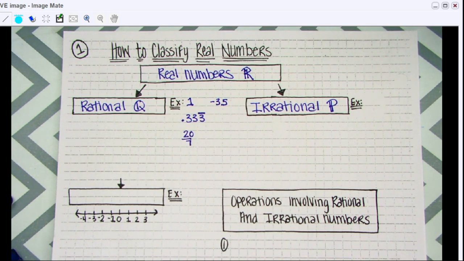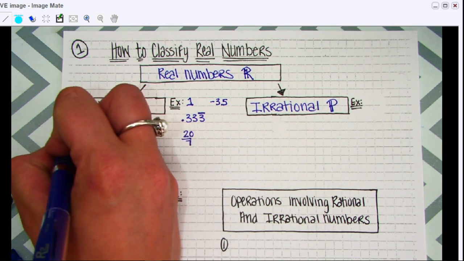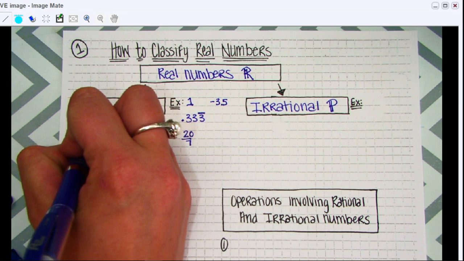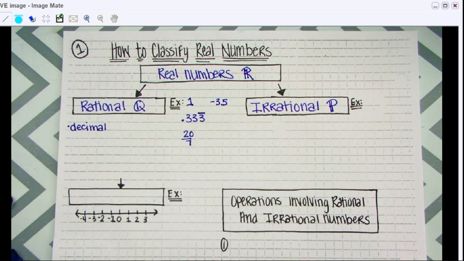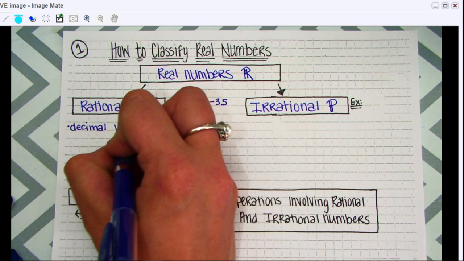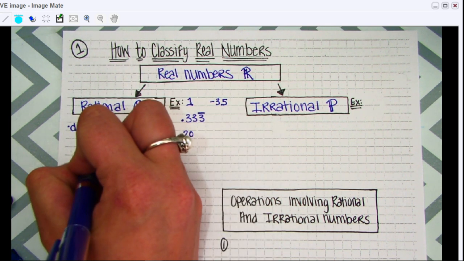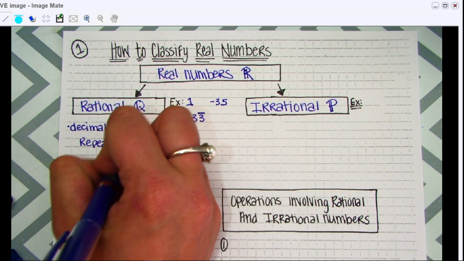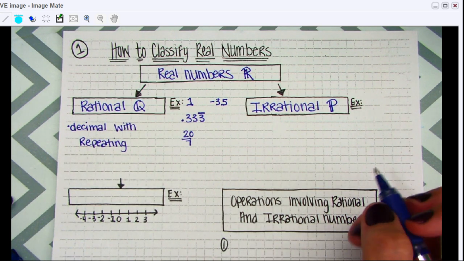So the ways that you know that a number is rational, first is that it is a decimal. Okay, it's a decimal with repeating or termination.